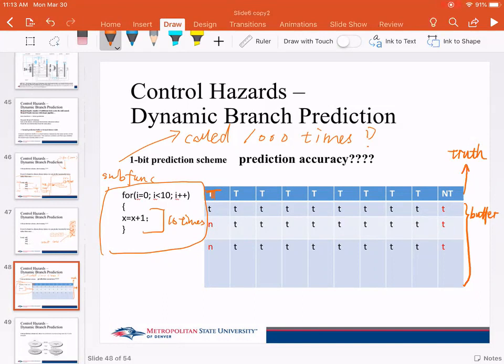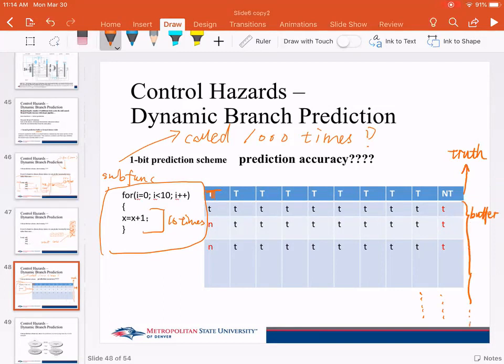But each row here in the following table indicates when you execute this piece of program one time, but you may need to execute this piece of program many times, right?